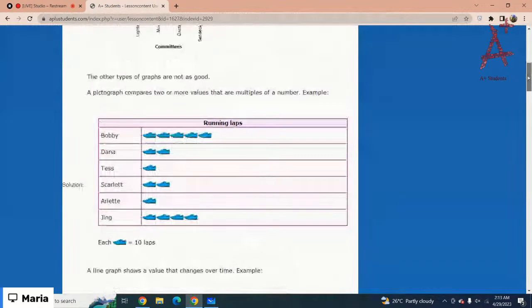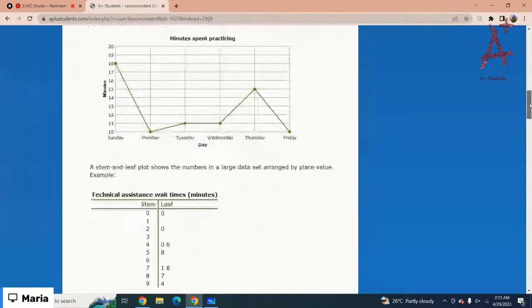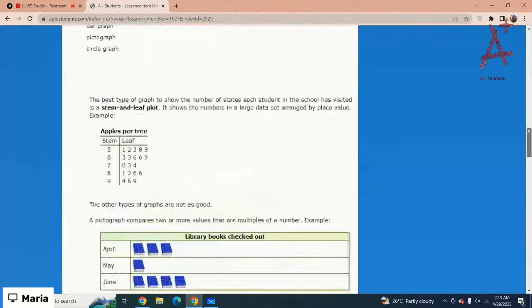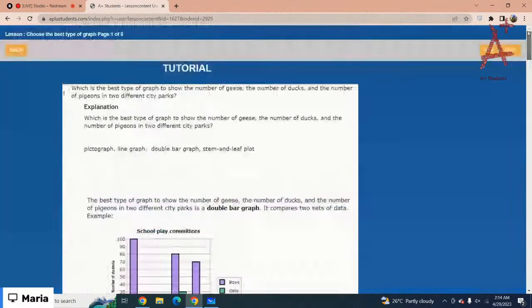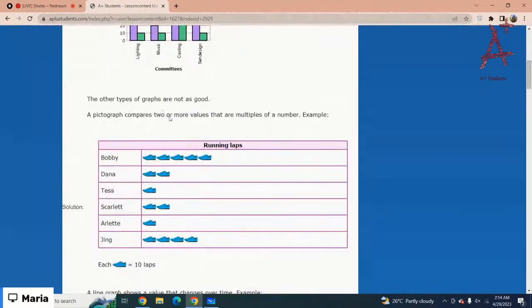Okay, the next example is, okay, you can just see a pictograph compares, here is an explanation of which graph, the other types of graph. A pictograph compares two or more values that are multiples of a number. Got it? So if you have the multiples of the number and you have to compare two or more values, you can use the pictograph.